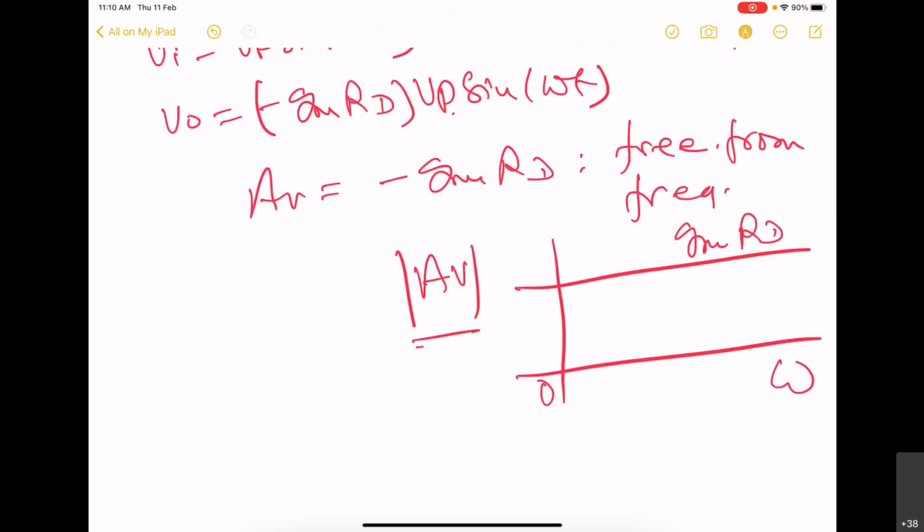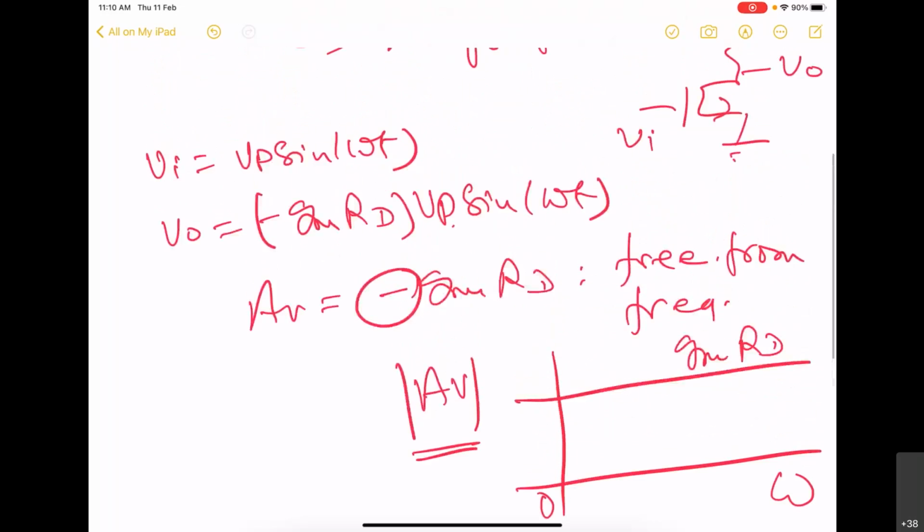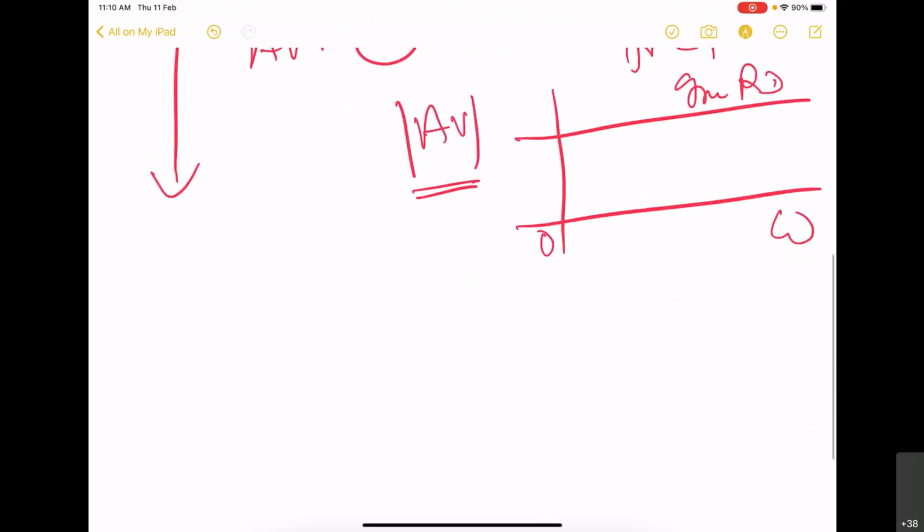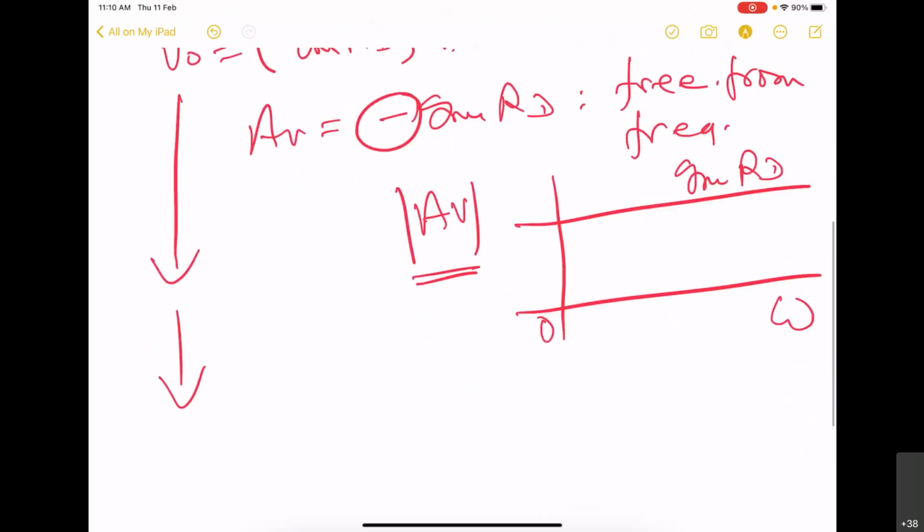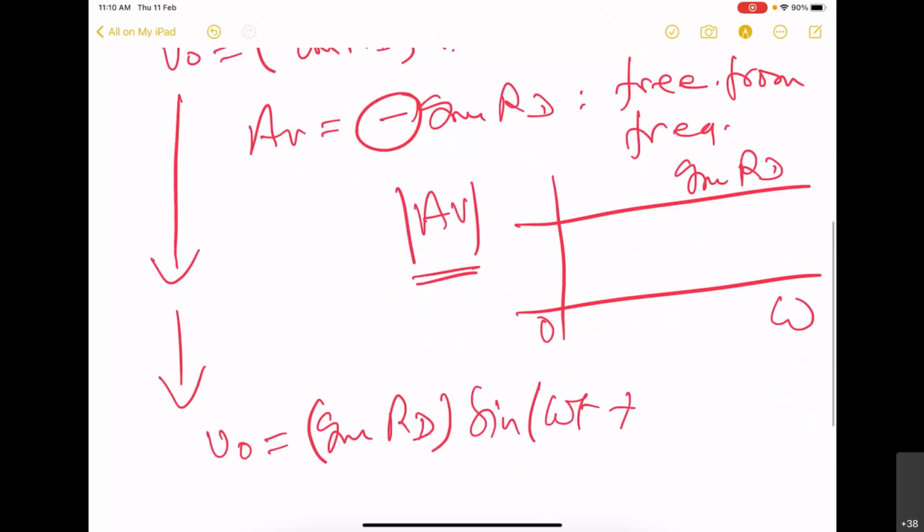Here we have plotted the magnitude, but we see that there is a negative sign in the gain also. So what is the consequence of this negative sign? That this output is actually like this: Vo is equal to Gm Rd sine omega t plus pi.